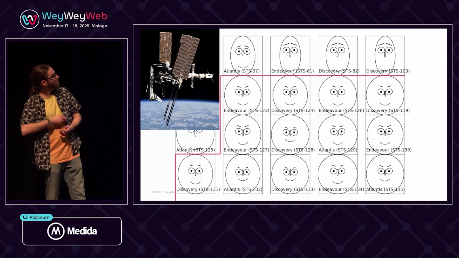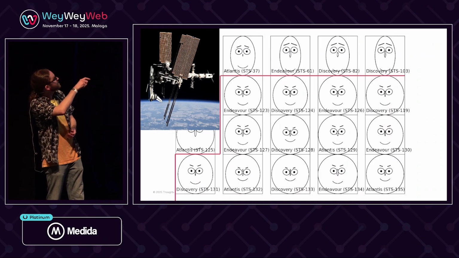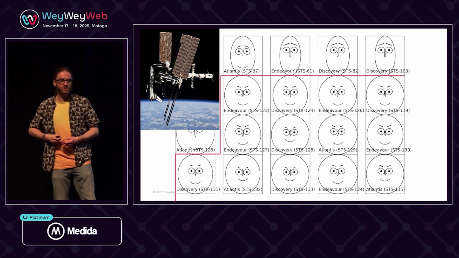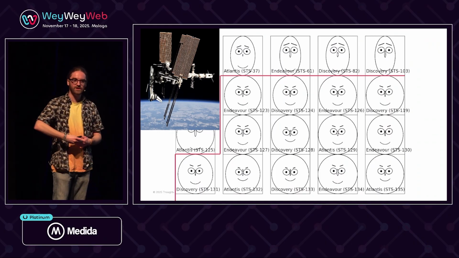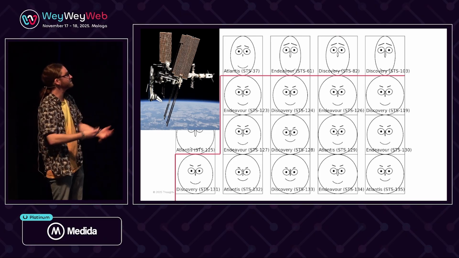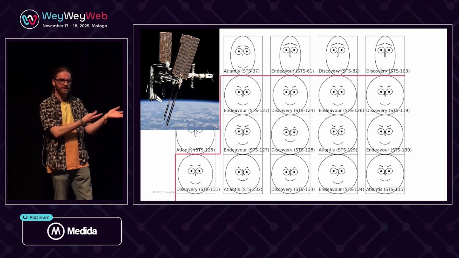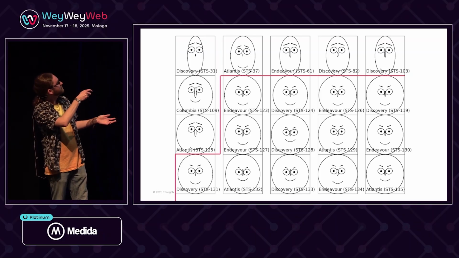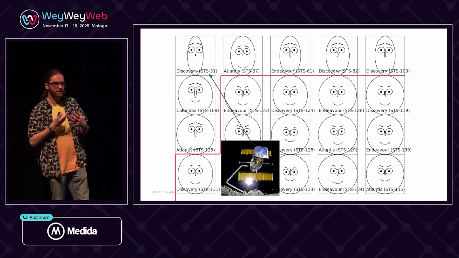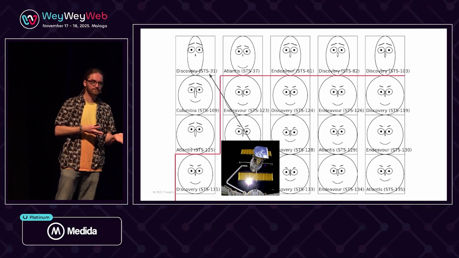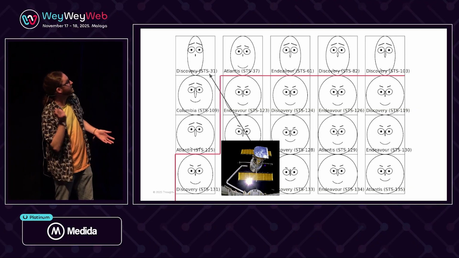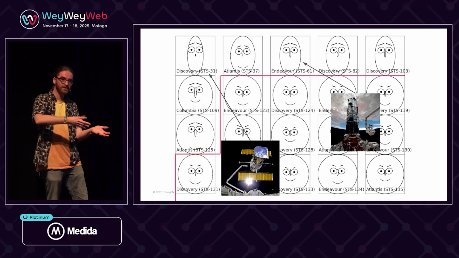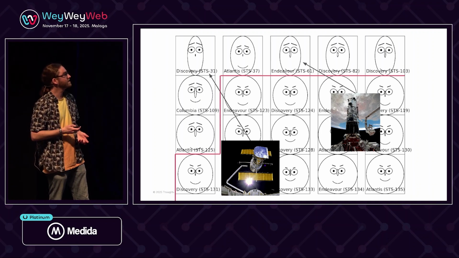So, it turns out that all of the ones down here are missions to the space station, which is in the same orbit. They're taking roughly the same amount of stuff to the space station, so they all look roughly the same. And the ones up here, well, the first one is the launch of the Hubble Space Telescope. This one here is the first servicing mission to the Hubble Space Telescope.